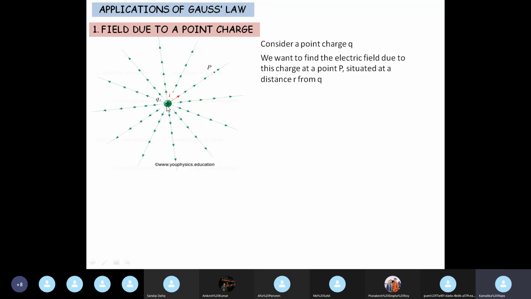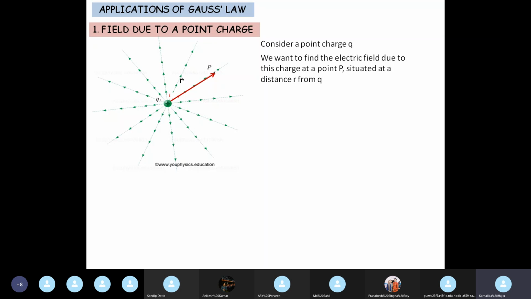We consider it for the time being to be positive. Since it is a positive point charge, you know that electric lines of force are oriented in this manner, spreading out in all directions with spherical symmetry, along the radii of a sphere surrounding this charge Q. We want to find out the electric field due to this charge at a point P, which is at a distance r from the charge Q. Now you can tell me that we already know how to do this.